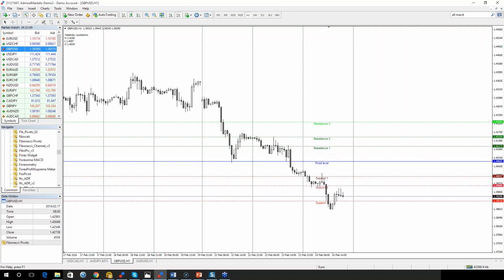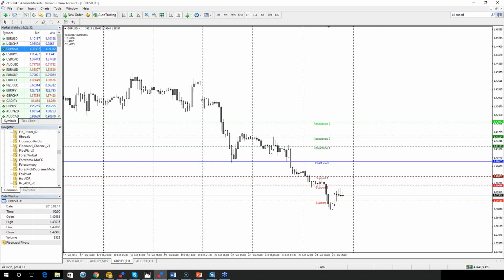Okay, so that is how standard teaching on pivot points has taught us that when you trade pivot points, when you see a daily open, you usually want to see whether the price opens below pivot point or above pivot point.